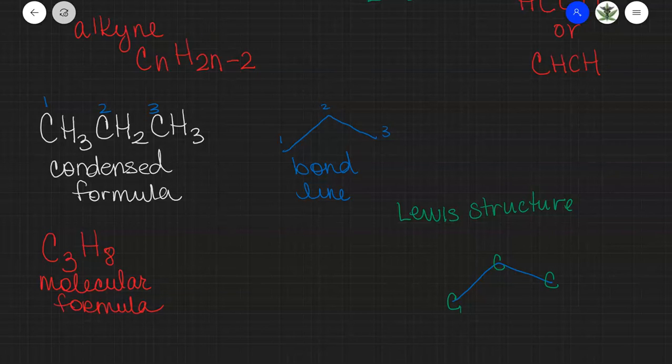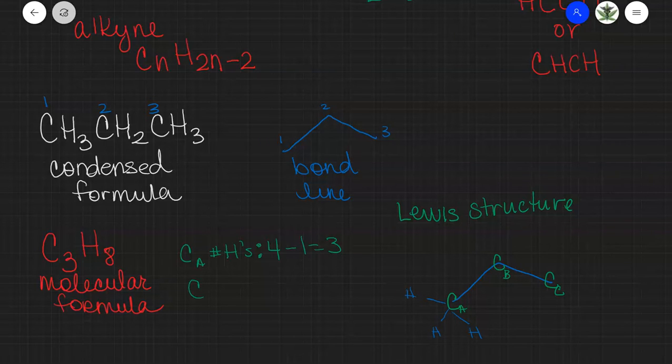And I'm going to go ahead and label them A, B, and C. To find out the number of hydrogens, I would take 4 minus the number of bonds, and A only has 1 bond. So carbon A is going to have 3 hydrogens attached. 1, 2, 3.